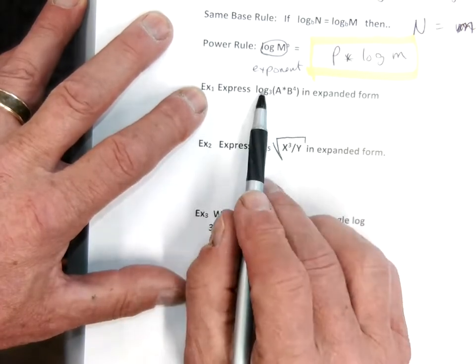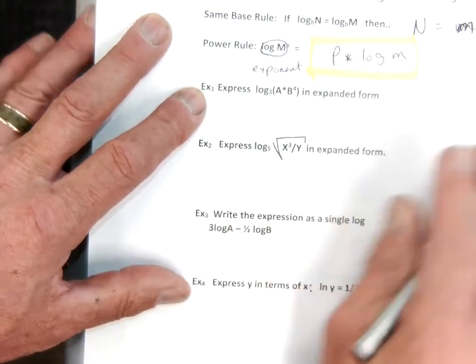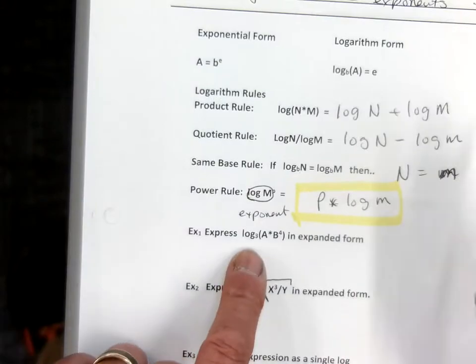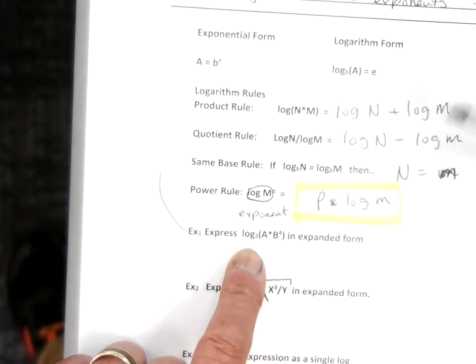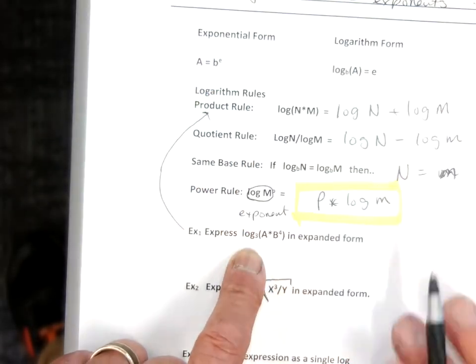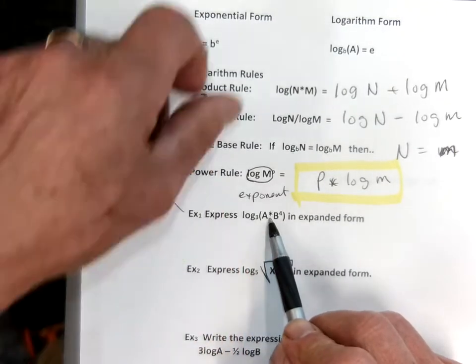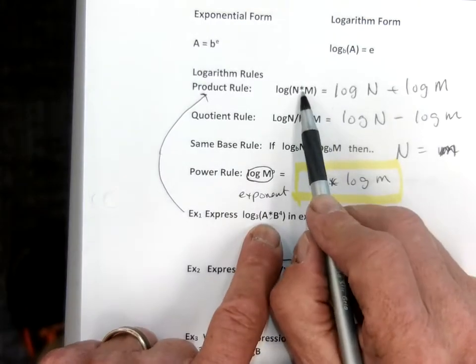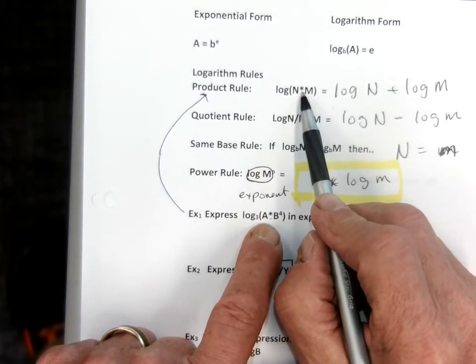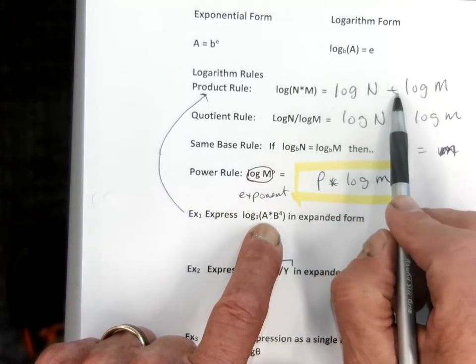We're going to take what we have here and we're going to expand it. The first thing I want to do is use the product rule. So I see a times, so I'm going to rewrite it as a log of something plus a log of something.